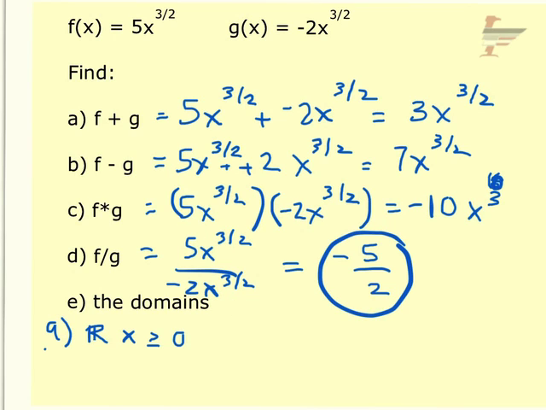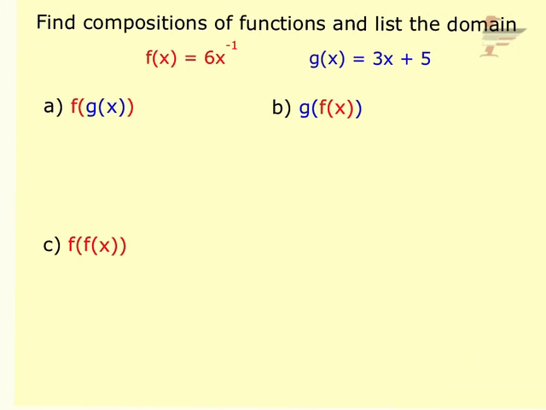So this one's a little trickier because you have a square root, which has to be positive real numbers, but it's also in the denominator of a fraction, which means it can't equal 0. So D actually has a little more restriction. All real numbers that are greater than 0 but not equal to 0, because if it equaled 0 I'd be dividing by 0, which I cannot, so be careful with that.